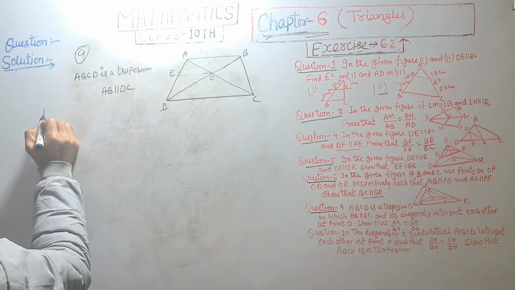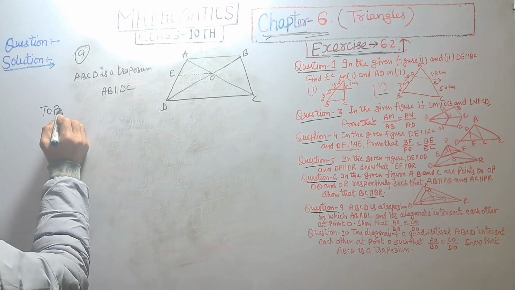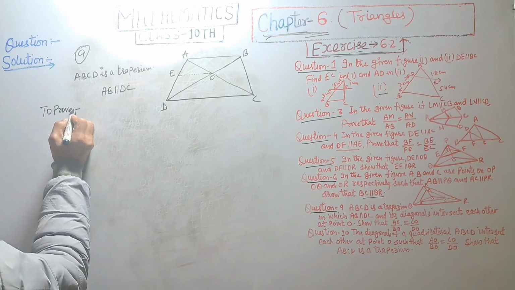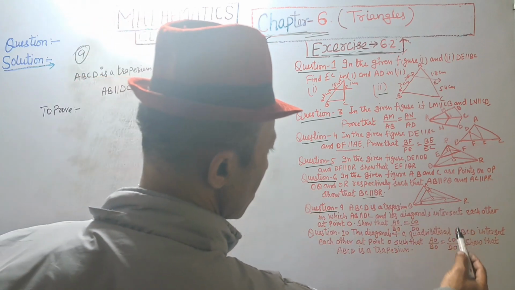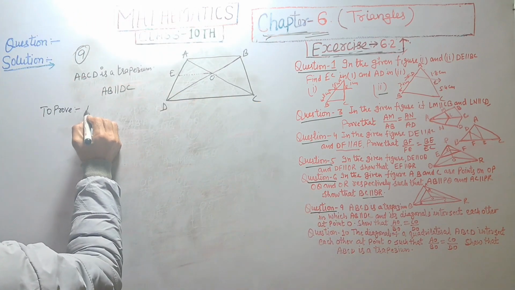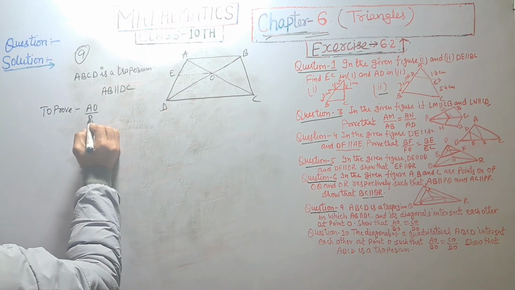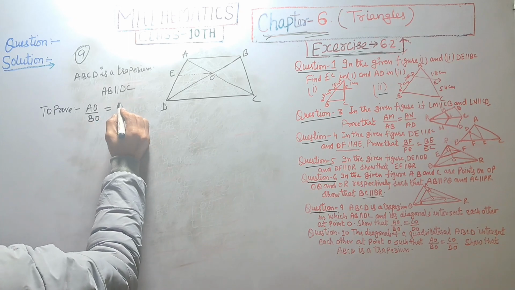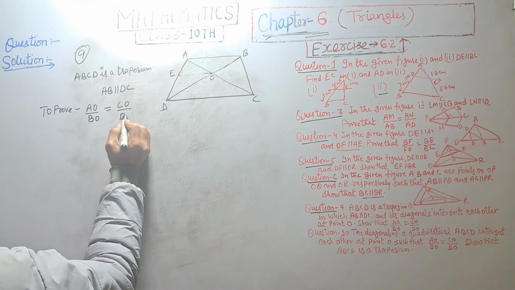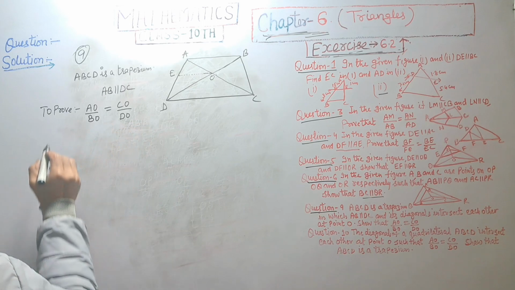To prove: AO upon BO is equal to CO upon DO.